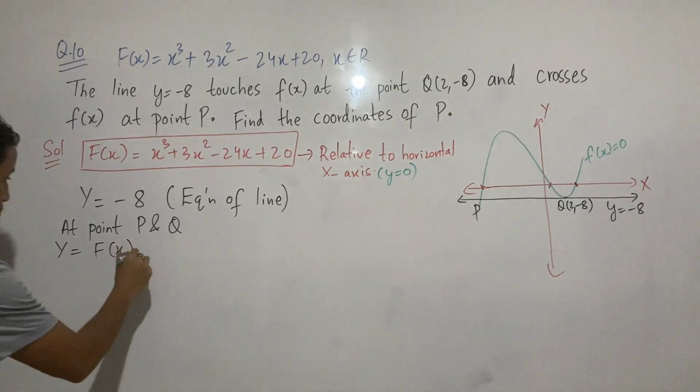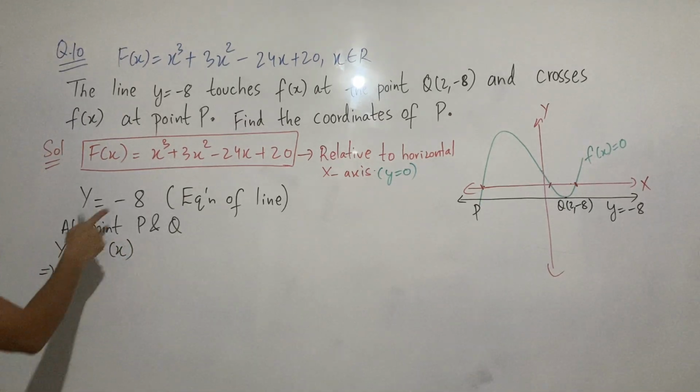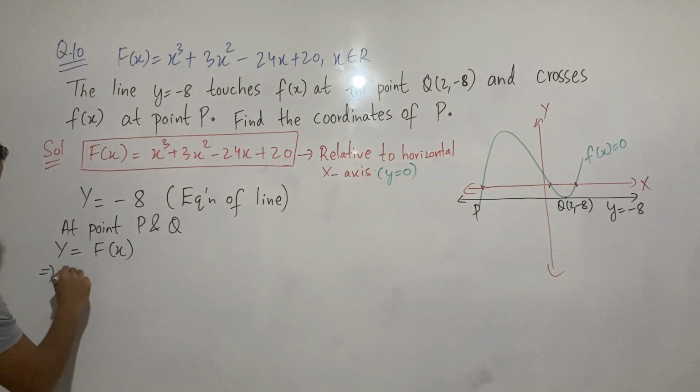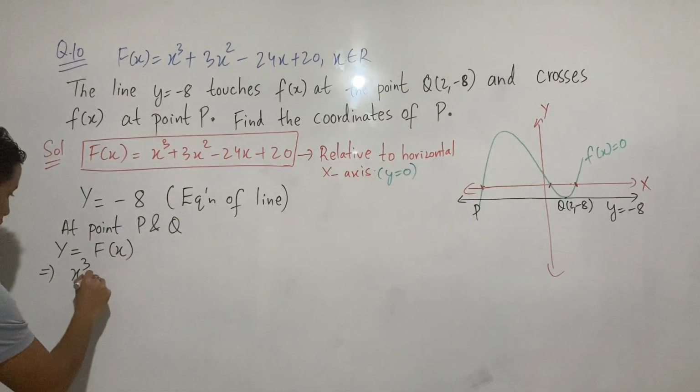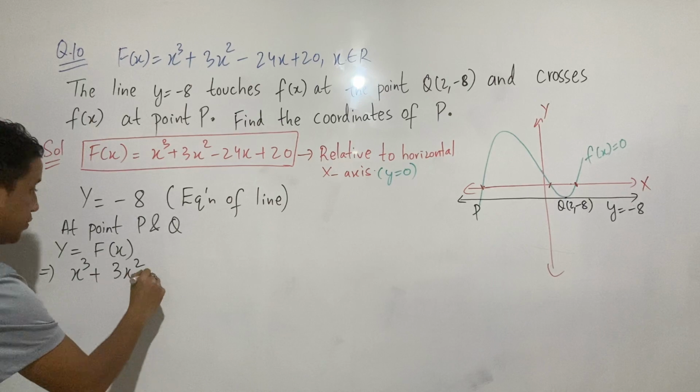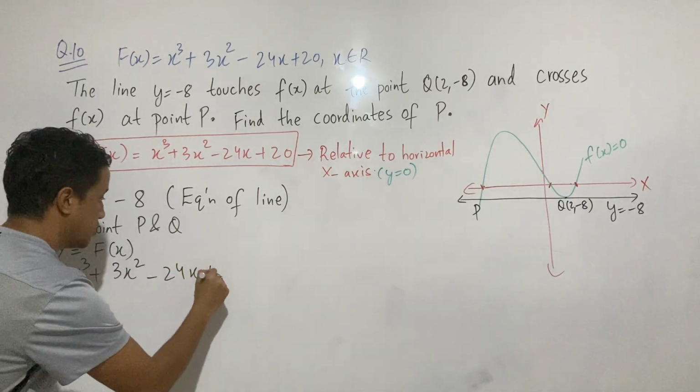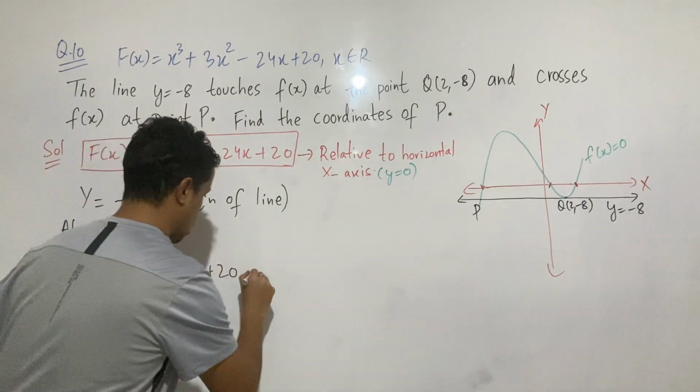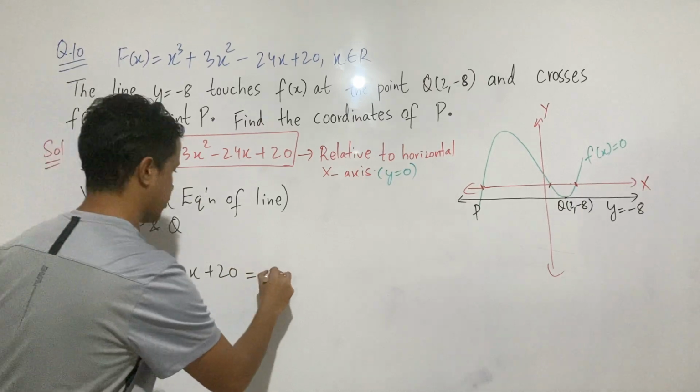Which means f(x), x cubed plus 3x squared minus 24x plus 20, is equal to -8.